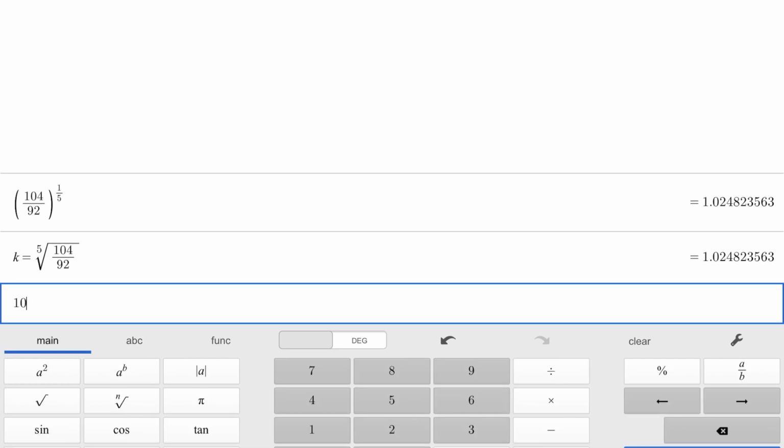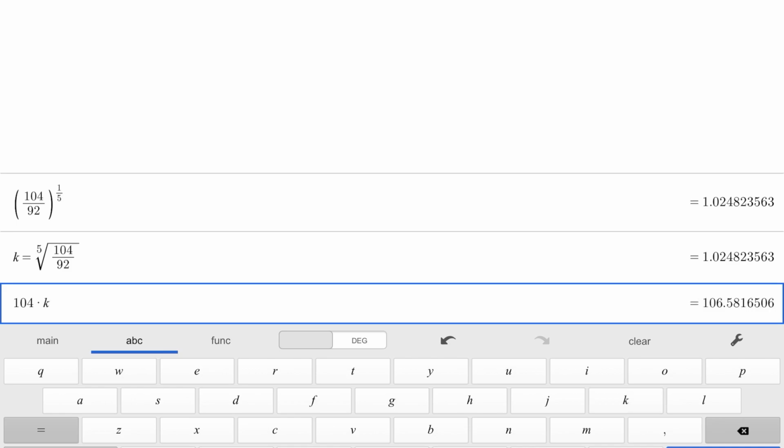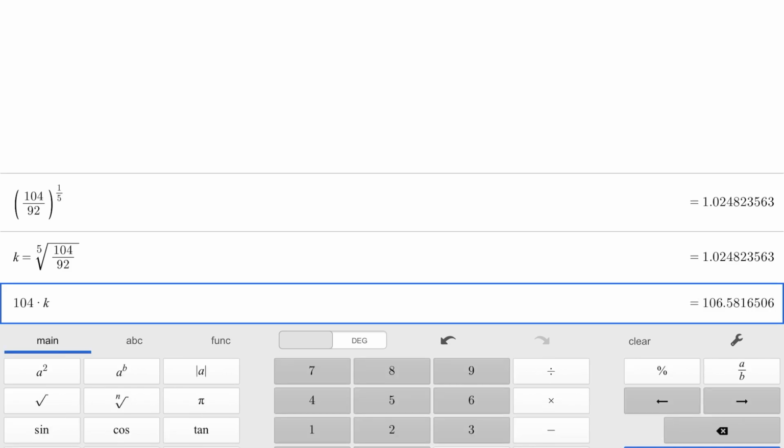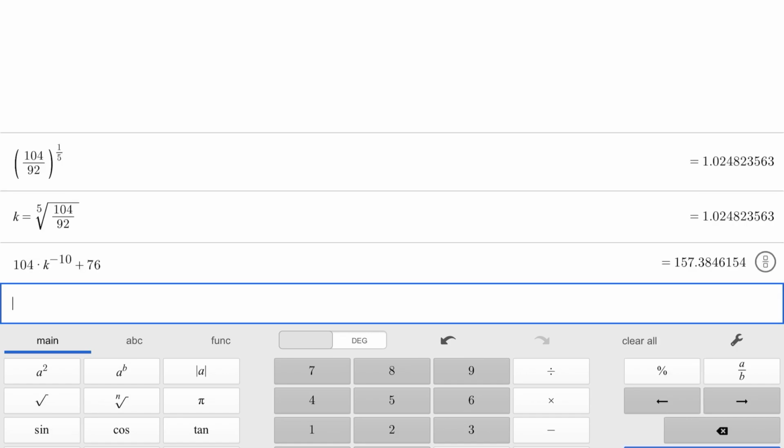And then now I can just type this all in. So this would be 104 times K, because it knows what K is, to the power of negative 10, and then plus 76 right here. And I end up getting about 157 degrees. I just want to show you something.